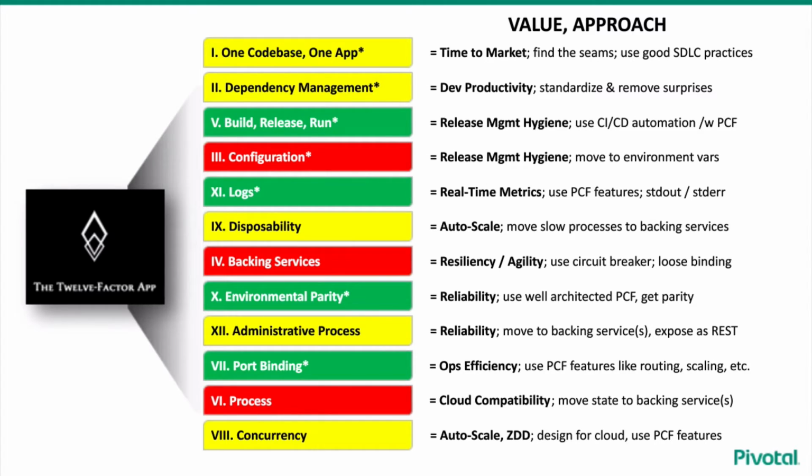Getting to a single code base makes it cleaner to build and push any number of immutable releases across a lot of different environments. So a good example of not doing this correctly is when your app is composed of 10 or 12 or more code repos, or the converse, when you have one code repository that's used to produce a bunch of disparate applications.